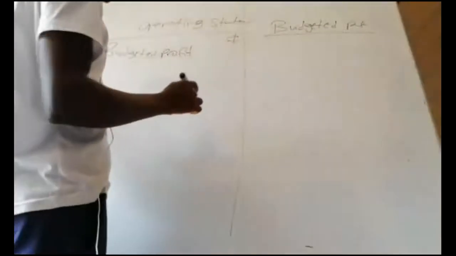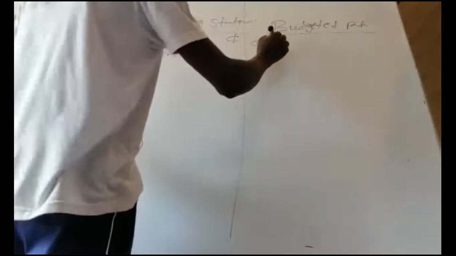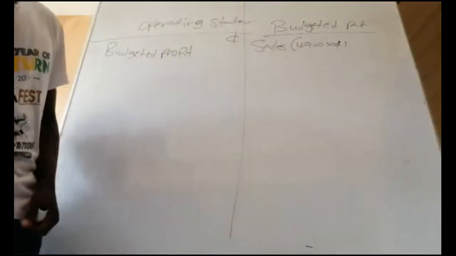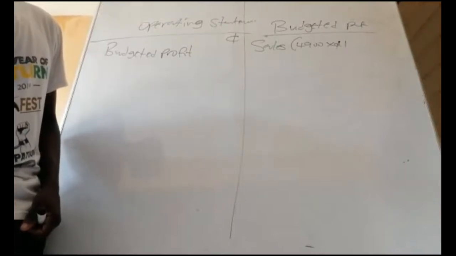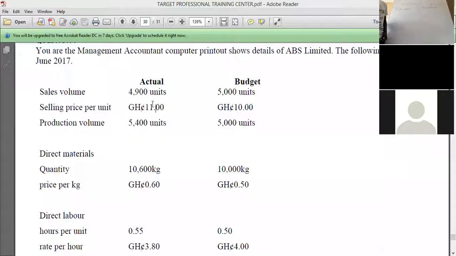Let's see how we can calculate the budgeted profit. We start with sales, everything coming from the budget. So sales revenue: they sold 4,900 at 11 Ghana cedis as the selling price. You can pick it up and see if that's the right figure. Yes, the selling price is 11. Hey, that's the actual. You have to pick from the budget.